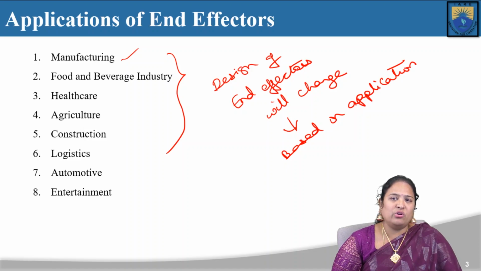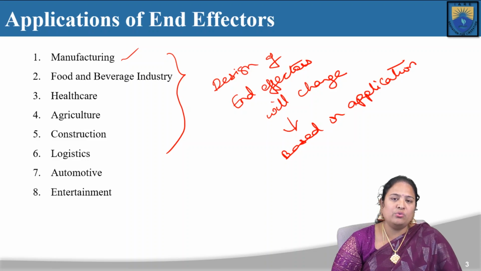Whereas when we take food or beverages or any sort of healthcare sector, there we generally use vacuum type of end effectors, whereas for manufacturing, generally we use a mechanical gripper type of end effector. In food, beverages, healthcare or agriculture, we generally use the vacuum type of end effector, right? That is wherever we have a smooth movement to be done, or wherever we have block-like containers to be shifted.